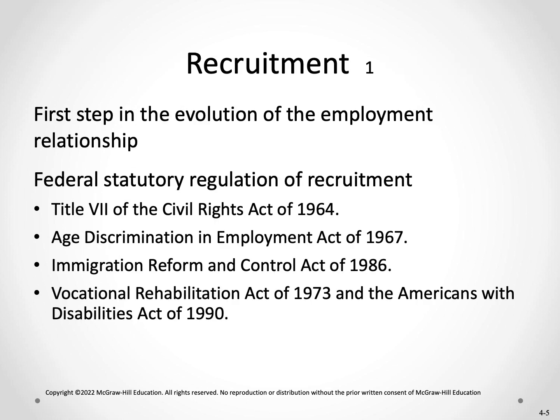So recruitment, as I stated earlier, is the first step in developing the employment relationship. We usually start with sourcing, which resources we're going to use to attract qualified people, and then we need to assess the individuals as they apply and determine whether or not they're going to be able to stay in the hiring process, or whether we remove them from consideration from hiring.